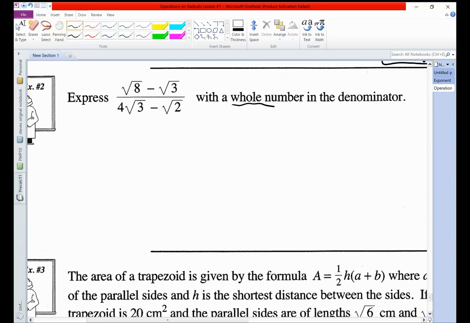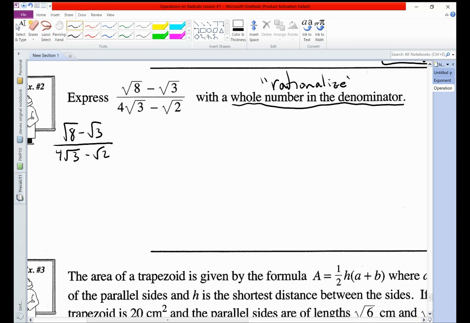So this whole number in the denominator is like saying rationalize the denominator. So we have root 8 minus root 3 all over 4 root 3 minus root 2.